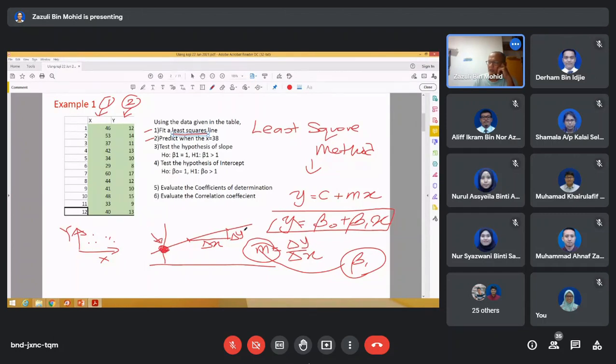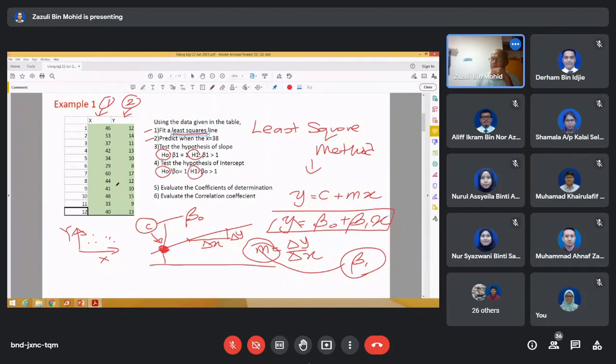In mathematics they call it c, but in statistics in this chapter, we call it beta 0. So we are going to evaluate this using the null hypothesis and the alternate hypothesis, H0 and H1.